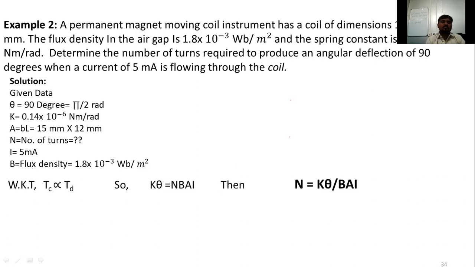We know TC is directly proportional to TD, so TC is nothing but K theta. K is given, theta is given, and N is the unknown we have to identify. B is given, A is given, I is given. Then from this formula, N equal to K theta divided by BAI.